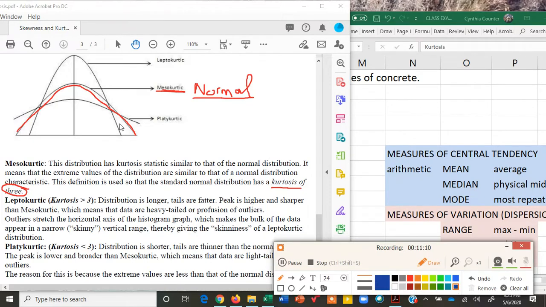However, if you have a kurtosis that is greater than 3, you end up with a tall, skinny distribution called leptokurtic. Leptokurtic: kurtosis greater than 3. Here is where she describes it differently than I would. She says the distribution is longer, tails are fatter.